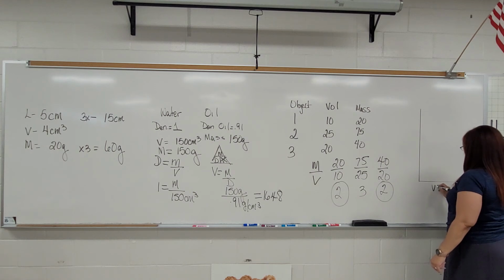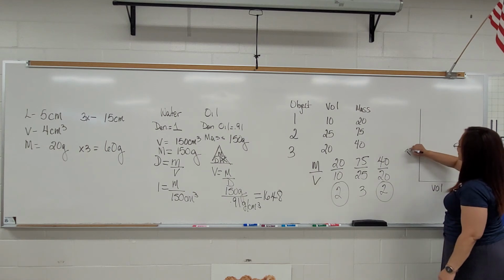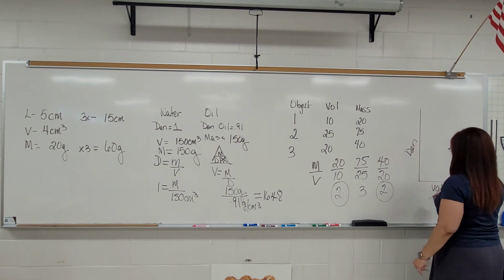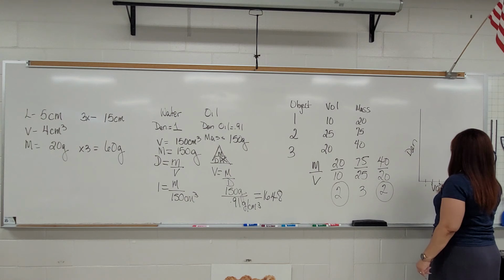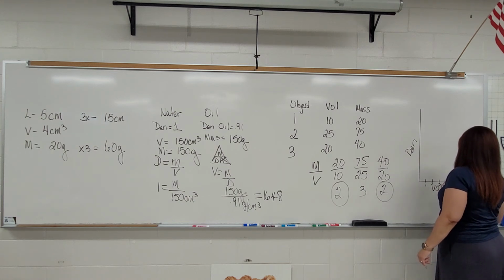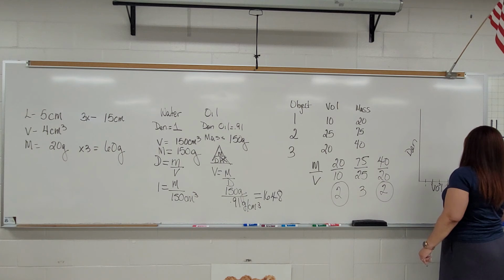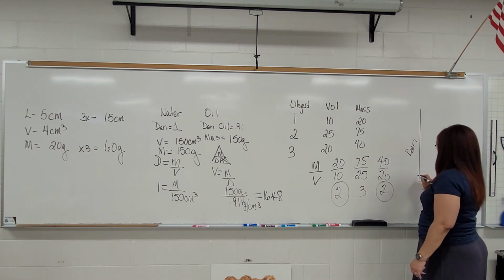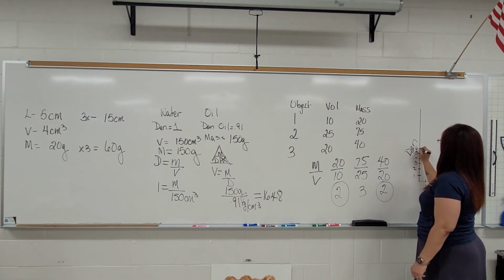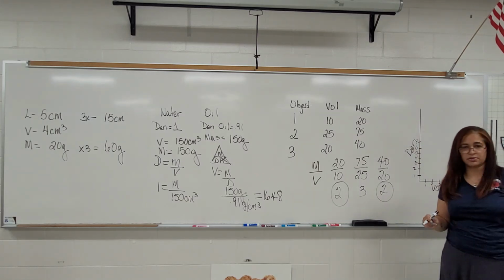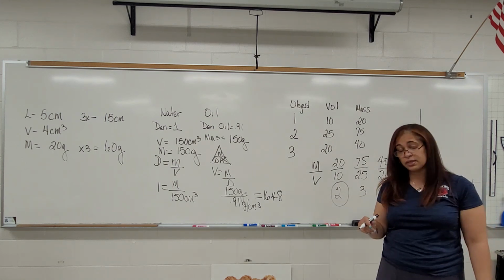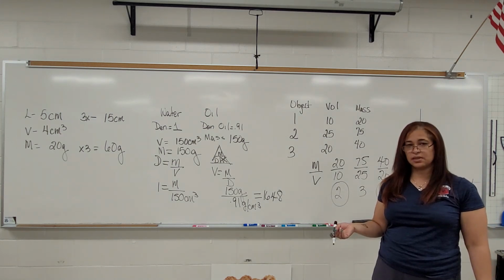So here's the volume of the substance and here's the density of the substance. Let's say this is 1, 2, 3, 4, 5, 6, 7, and this is 1, 2, 3, 4, 5, 6, 7. Again, density is a characteristic property of a substance. No matter how much or how little of the substance you have, the density does not change.